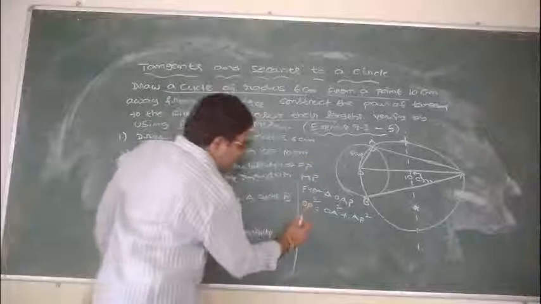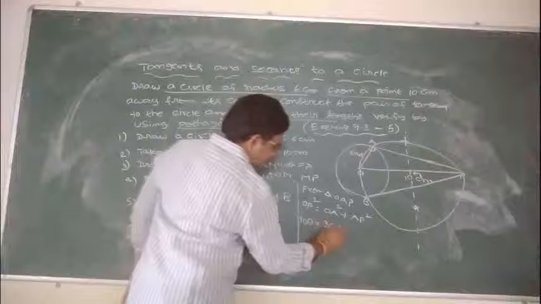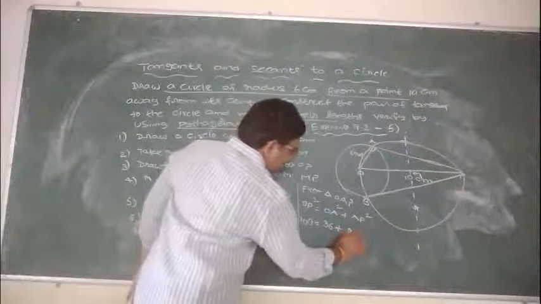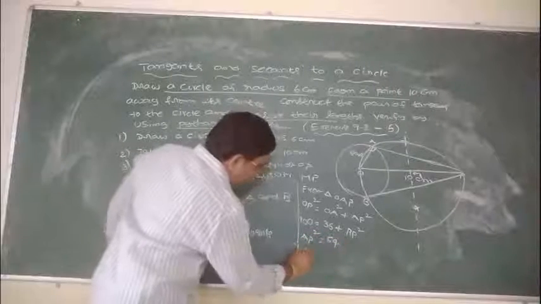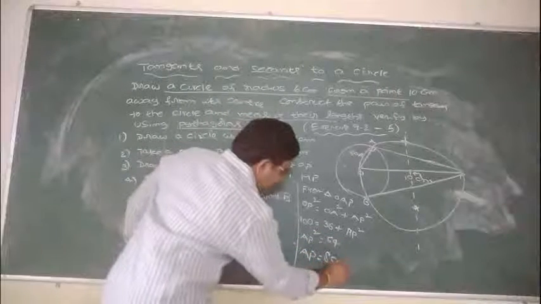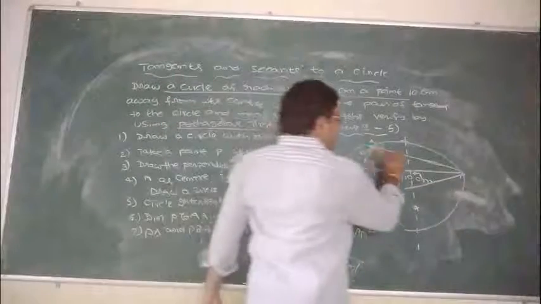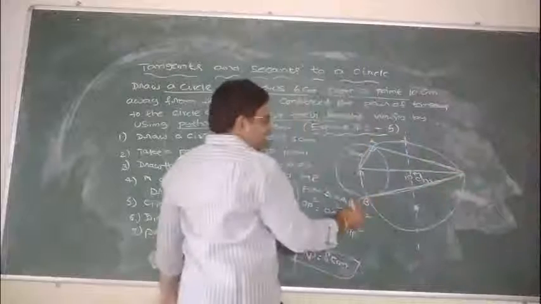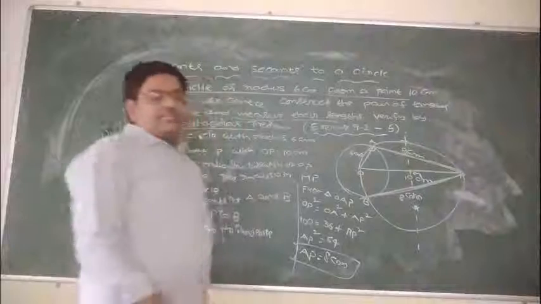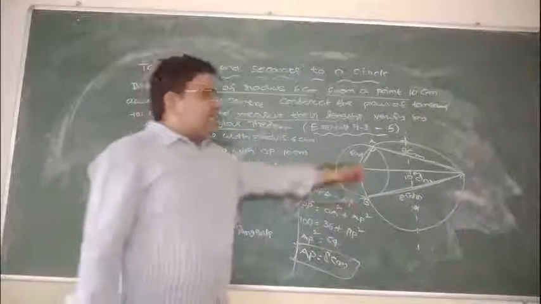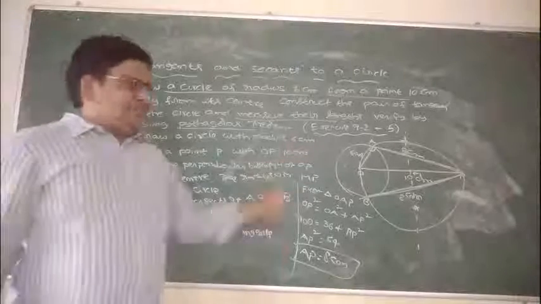OP is 10, square that means 100. OA square is 36 plus AP square. AP square equals 64. AP equals 8 centimeters. If you verify with the scale, AP length is also 8 centimeters, PB length is also 8 centimeters. So the theorem explained in the last video, the lengths of the tangents drawn from an external point are equal. That is the concept.